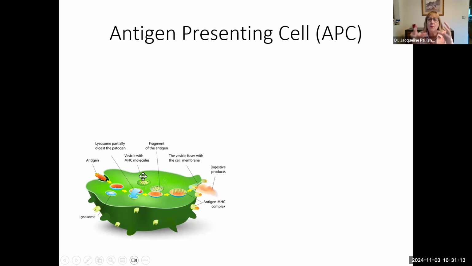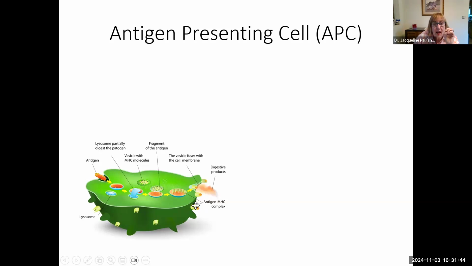compounds that help the cell recognize self versus foreign. Okay, and the reason for this is this fragment of an antigen is going to be tagged with something that is going to say, okay, this cell knows self from non-self, and now this antigen is recognized as not self, okay?